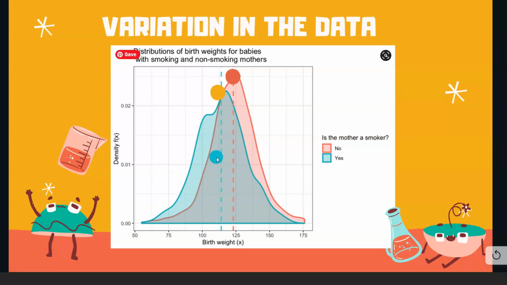So how can I clearly know that these two birth weights are truly different when there's so much overlap? And how can the data demonstrate this overlap for me so that I can make a decision whether I think that these birth weights truly are different between these two groups?